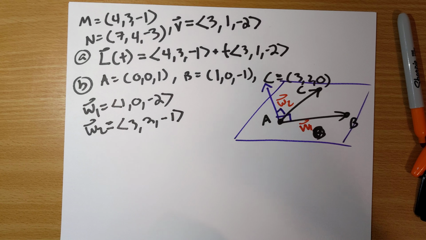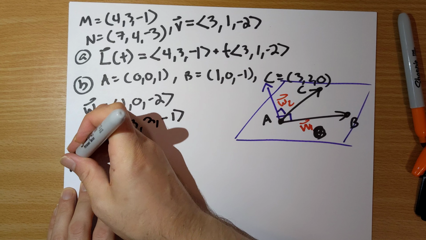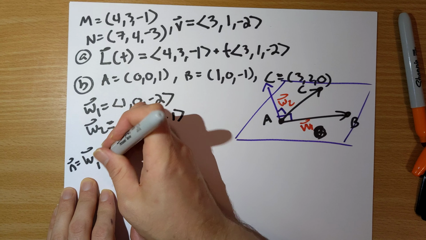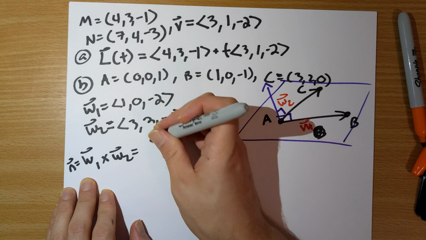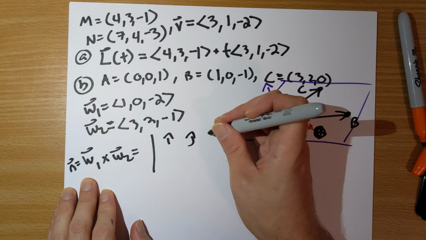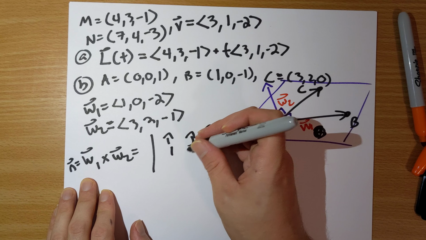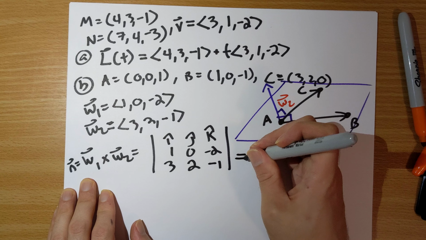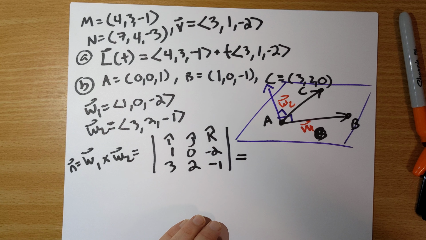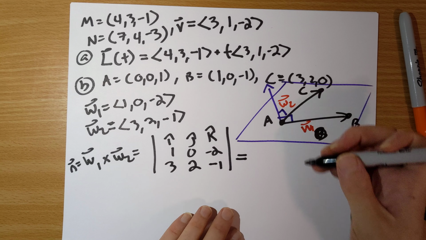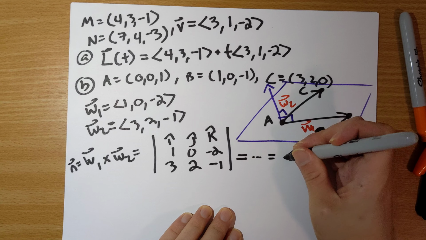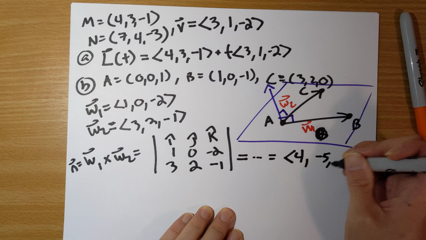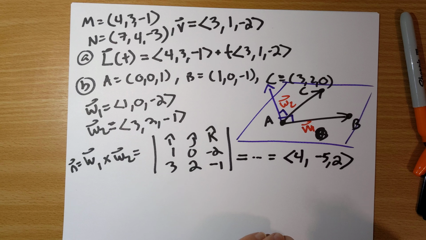And so then, in order to find the normal vector, we take the cross product of W1 and W2. So i hat, j hat, k hat, 1, 0, -2, 3, 2, -1. I'm just going to skip steps and write down the final answer here: (4, -5, 2) after you take the cross product.